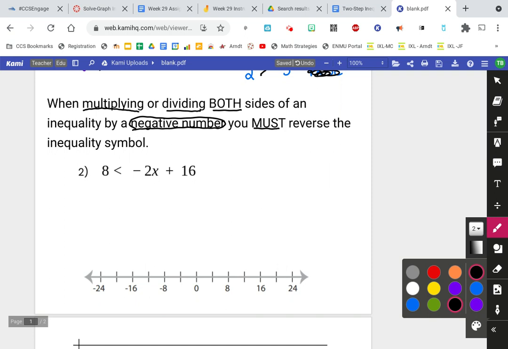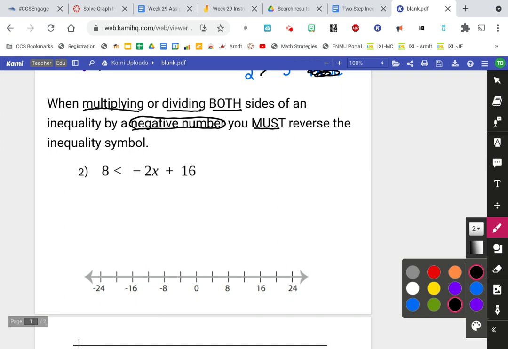Okay? So please absorb that statement and notice what it says and notice what it does not say. Because a lot of times when kids read this, all of a sudden they just start flipping the inequality symbol. And I ask, why did you do that? I don't know. Guys, it says when you multiply or divide, it does not say add or subtract.